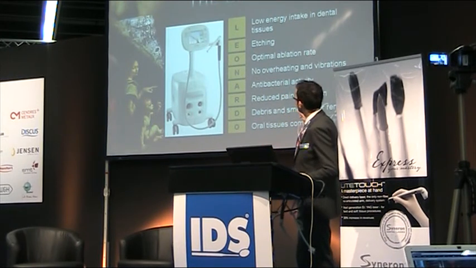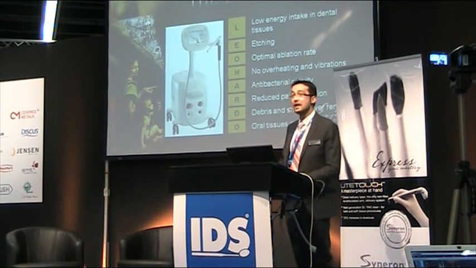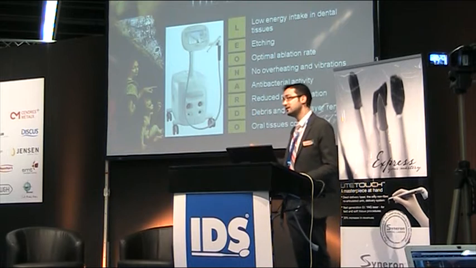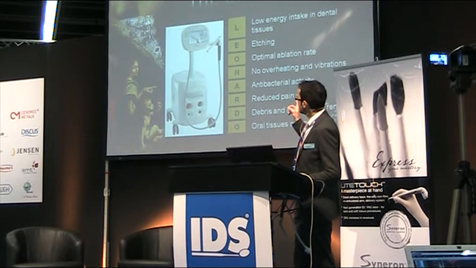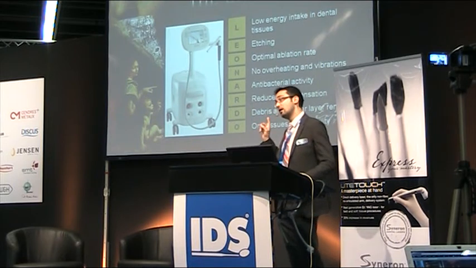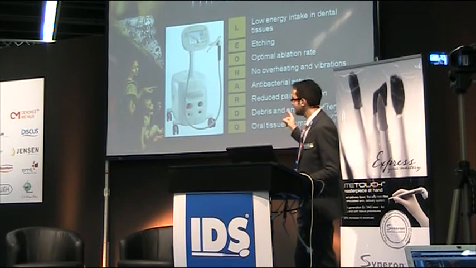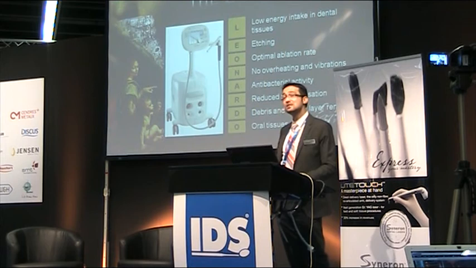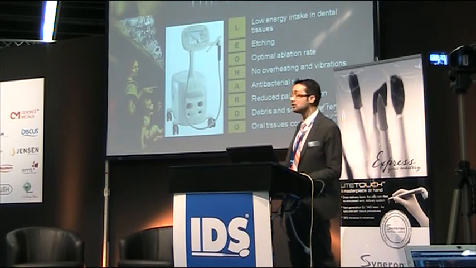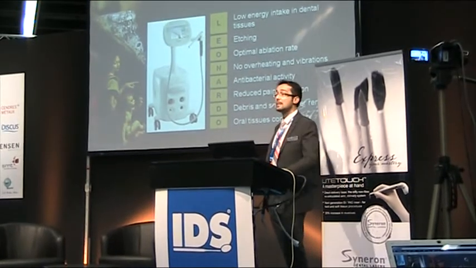The laser must have a low energy intake in dental tissues in order to avoid overheating and any temperature changes. When we treat hard tissue, the laser must etch without acid. To have optimal ablation rate, that means to remove the tissue effectively, no overheating and no vibrations.